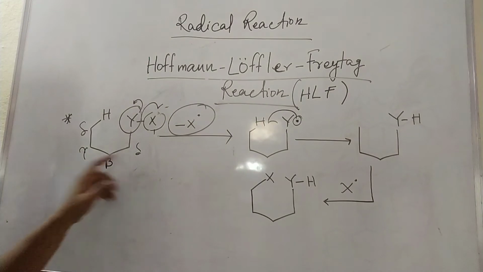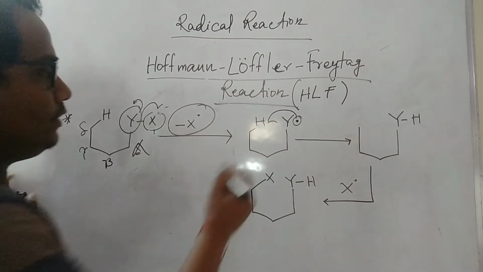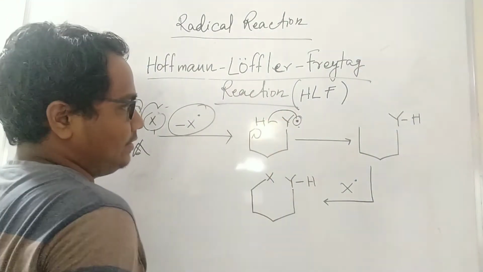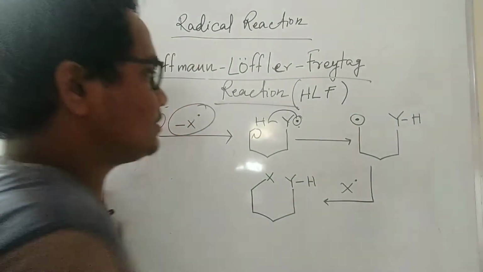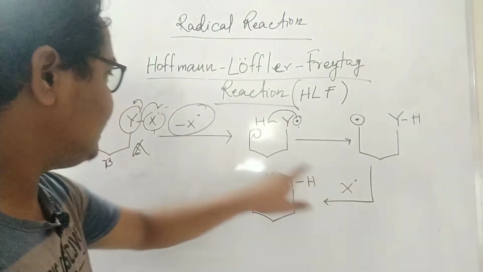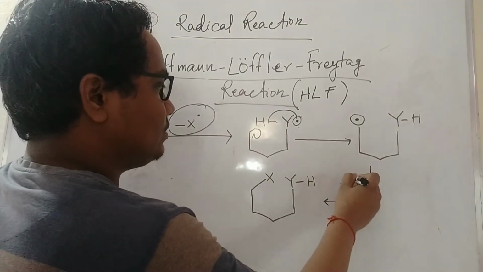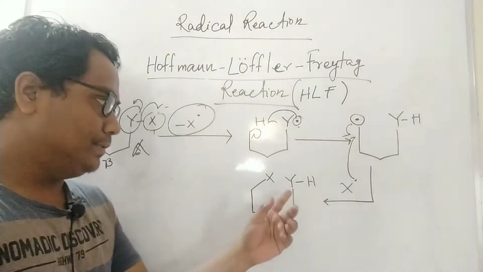Okay, alpha, beta, gamma, delta. This is the delta hydrogen, it will be taken by this adjacent Y group and it will come there. So what happened here? A dot is coming. So this is forming, and then this leaving group will come there. So this is the product.